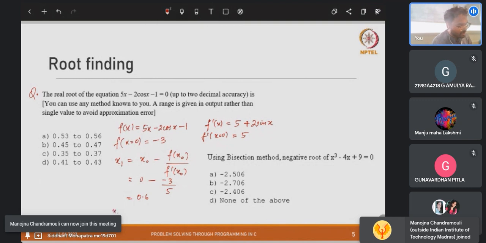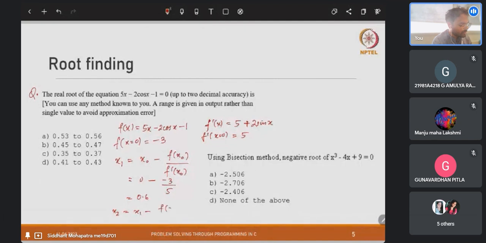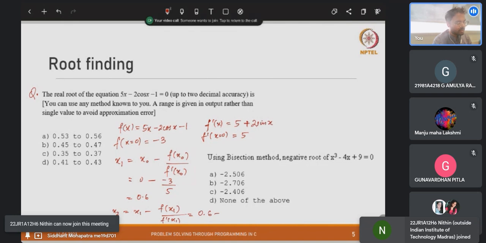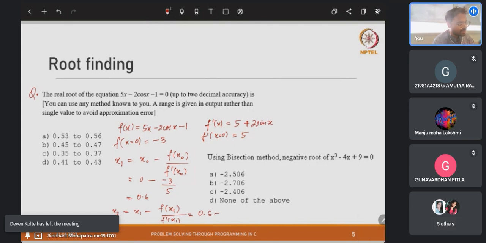Now we calculate x2. How do we calculate x2? Similar procedure: x1 minus f of x1 by f dash x1. So let me write this down: 0.6 minus f of x1. My x naught is actually 0.